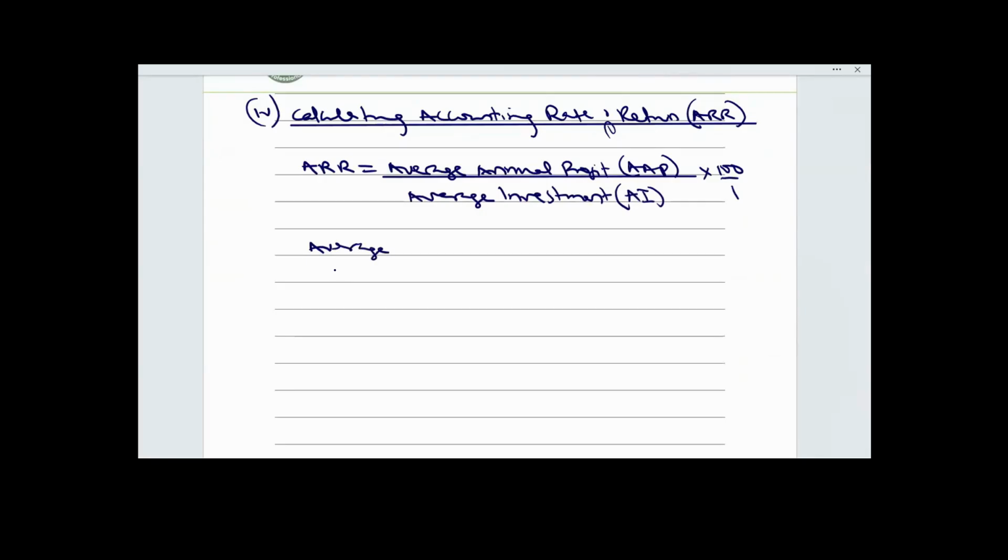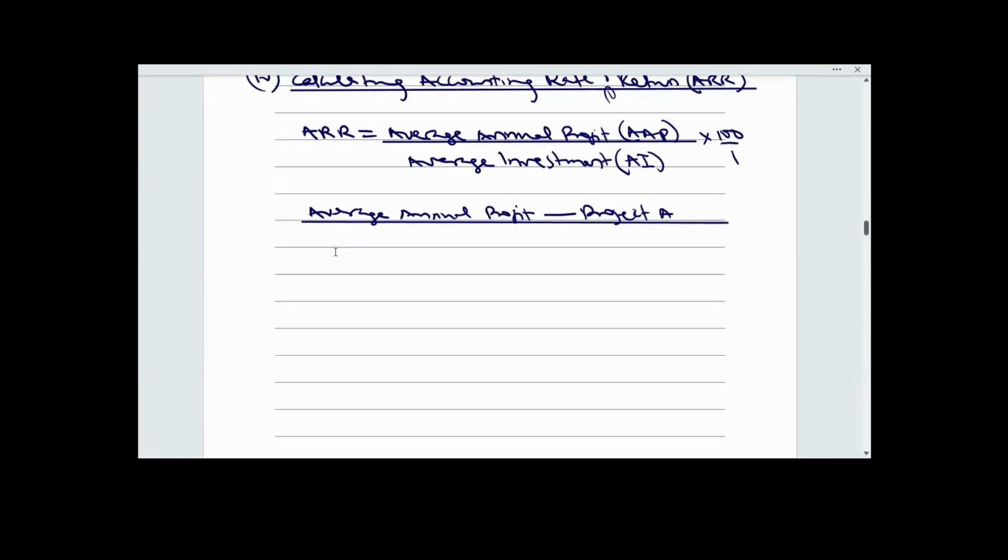Average annual profits. So let's start with project A. On the day of your exam, there's no need for you to be stressing yourself. All you need to do is to add up the profit or loss, and you divide it by the number of years, which is 3 years.